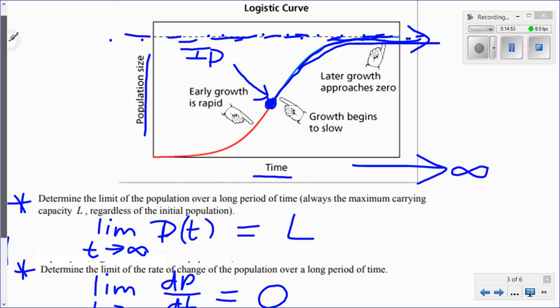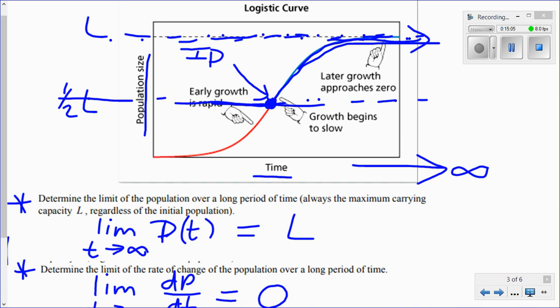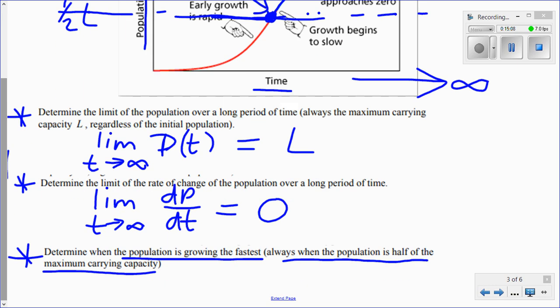So again, if we go back to the graph, you can notice that it's usually about halfway. Okay, this is L up here. And so this would be 1/2 times L. Okay, so here we would say that P, the population, is growing the fastest at 1/2 times L. Okay, so you guys, those are 3 important things to recognize.